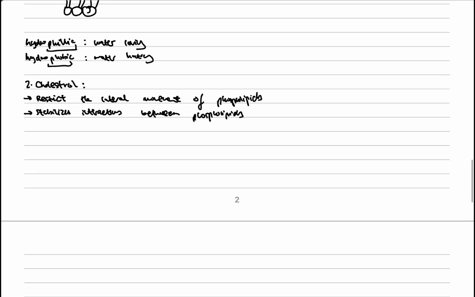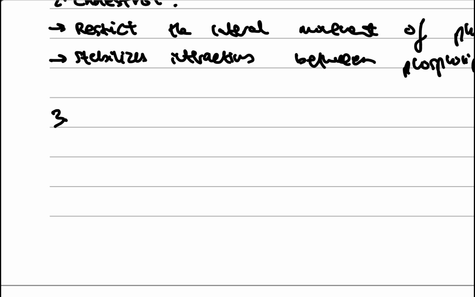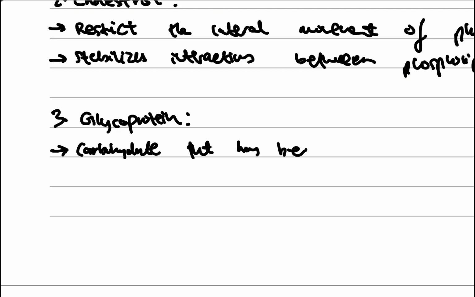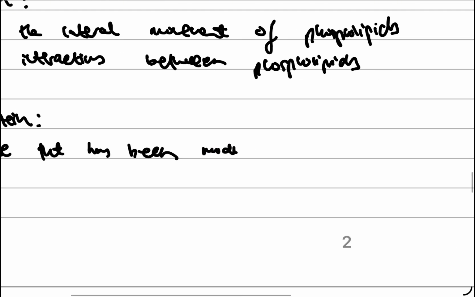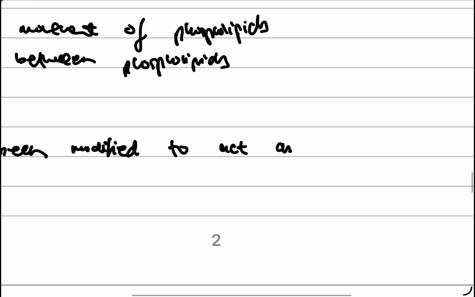Let's now move on to the next component, which is something we call a glycoprotein. Let me just write that down. In its name, you can really tell, glyco means something that comes from a carb, and protein, well, that's a protein. So a glycoprotein is a carbohydrate that has been modified to contain a protein on its surface.